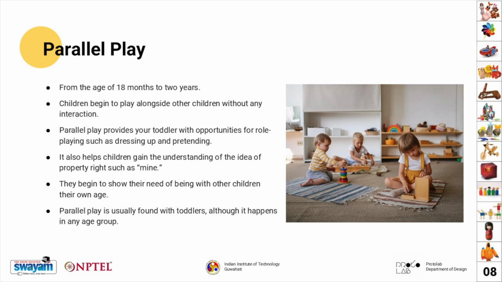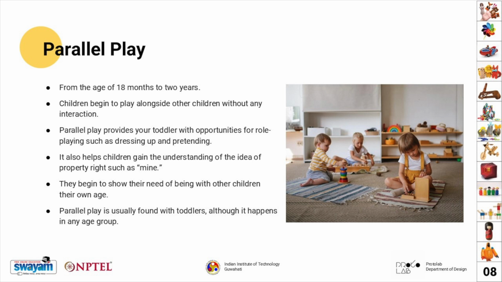Onlooker play progresses to parallel play, which also occurs predominantly in toddlers. Here, children play beside each other but not yet together. Each child has their own toys, their own activity, and their own goals.